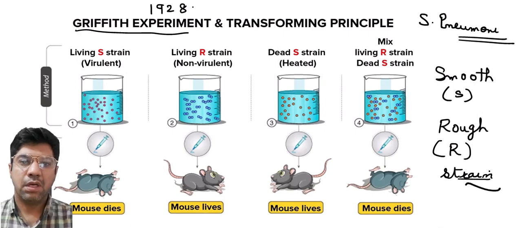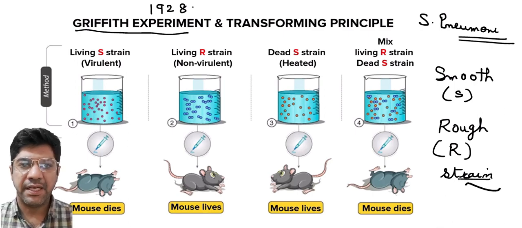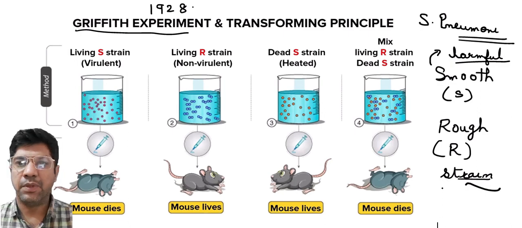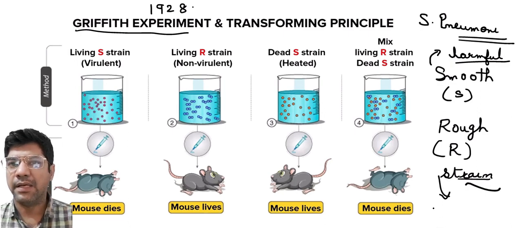The smooth strain had a protective outer coat. So the smooth strain has a protective outer coat that makes it harmful and deadly to mice, whereas the rough strain lacked the protective capsule and therefore was harmless.